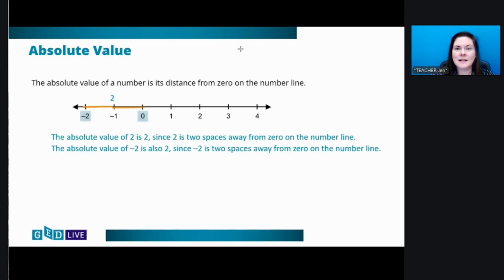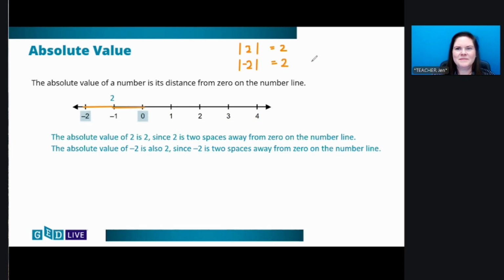Another way to say that is the way I'm writing it up top. The absolute value of 2 is 2, and the absolute value of -2 is also 2. So the absolute value bars really ask us, how far is this number from 0?